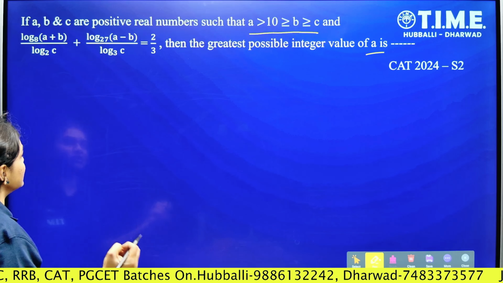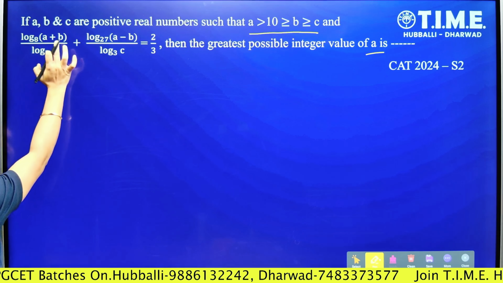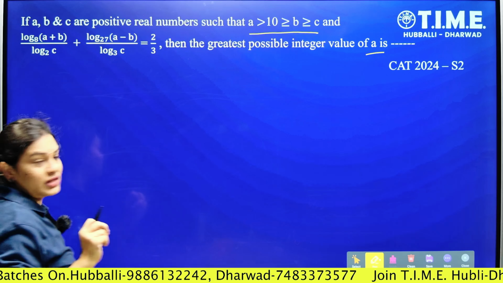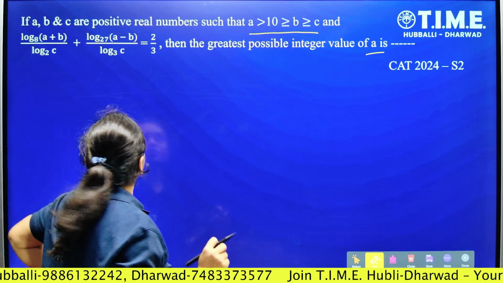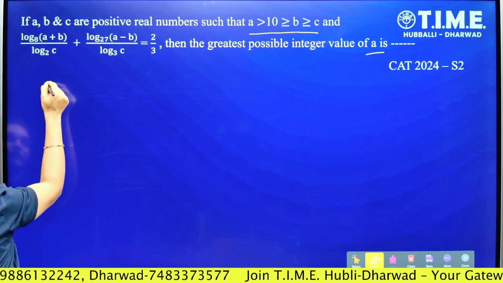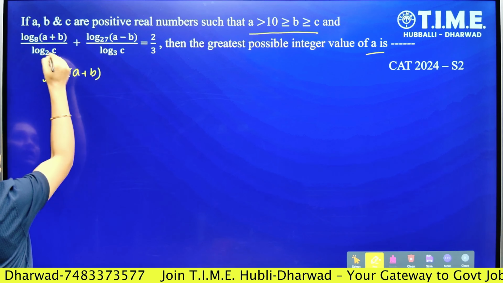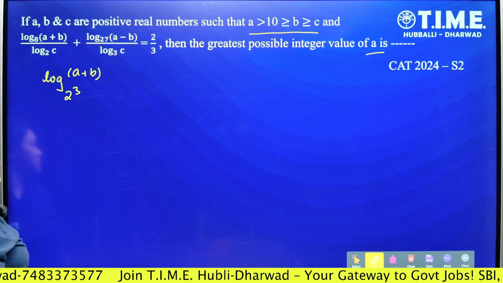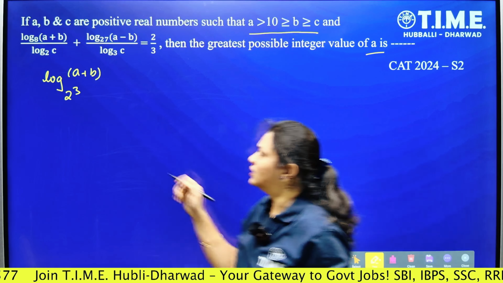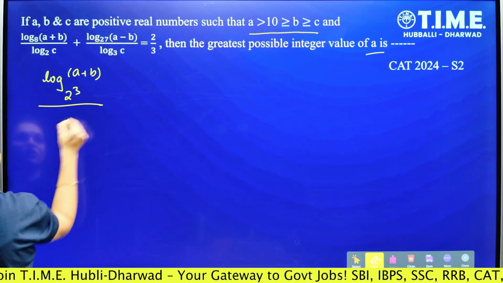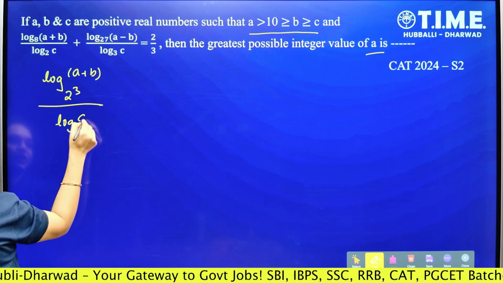Just one step we are skipping now; directly we will write this down. So log of A plus B to the base 8, upon log of C base 2. Now we can write this as log of A plus B, and 8 we are writing as 2 cube, divided by log of C base 2.